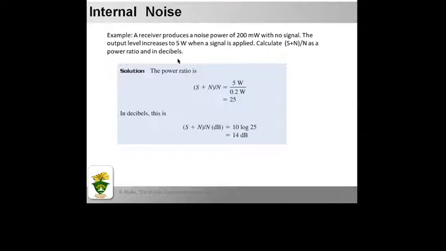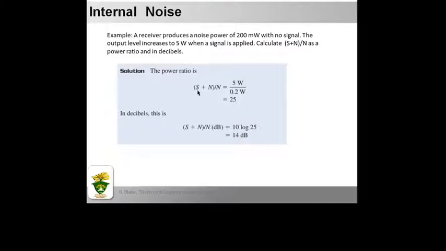Another sample problem: a receiver produces a noise power of 200 milliwatts with no signal. The output level increases to 5 watts when a signal is applied. Calculate the S plus N over N as a power ratio and in decibels.